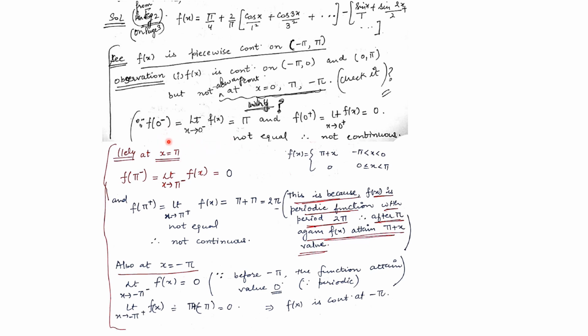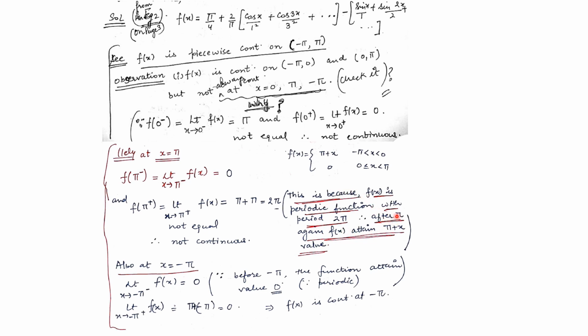Similarly at pi, the left limit at pi is 0. The right limit at pi is 2 pi. Now why is it 2 pi? Since our function is a periodic function with period 2 pi, that means after 2 pi the function repeats again.